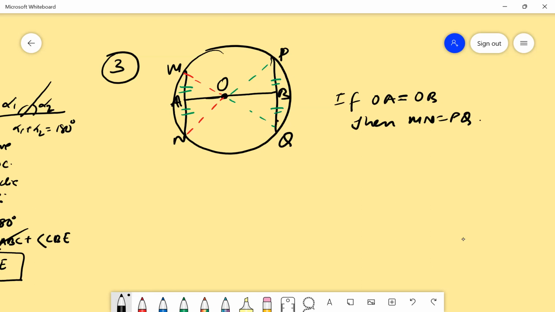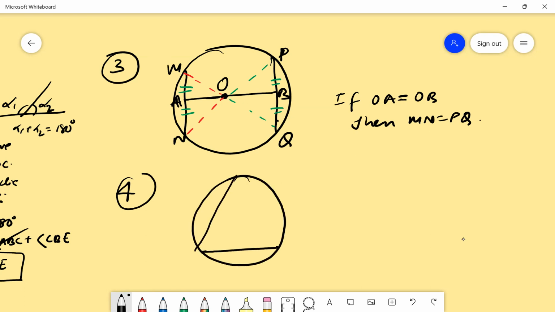Now the fourth one, you can also prove that the angle made by a chord at the circumference is half the angle made at the center. This is also very easy.